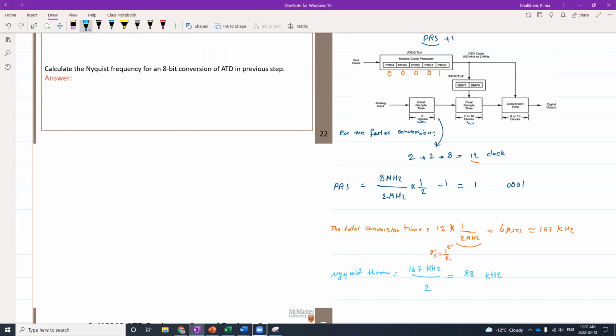What is this? This is the highest frequency that can be handled by this analog to digital.